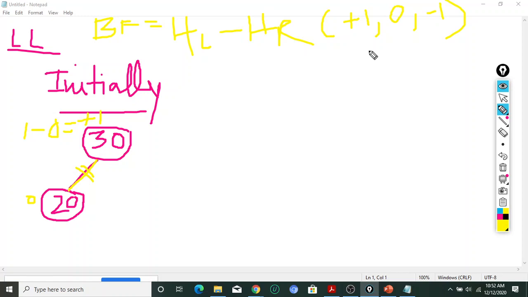So if after insertion there is an imbalance, then we are going to perform the rotation. Here we are going to discuss that one of the rotations is called LL rotation, left hand rotation. So let's see, if I insert some node, for example if I insert 10, what will happen? What will be the right place?